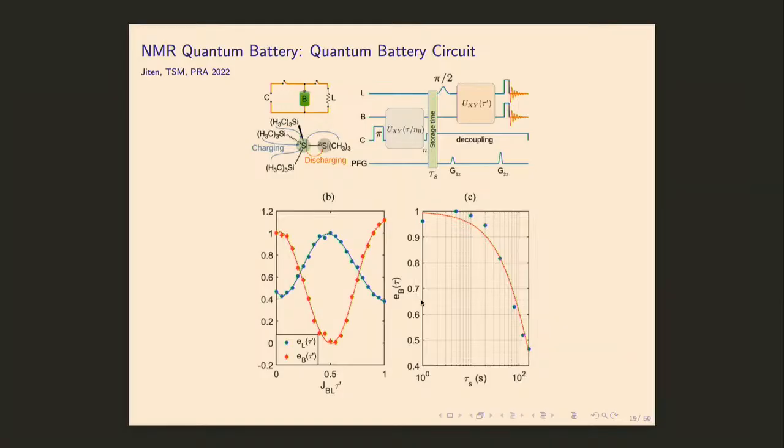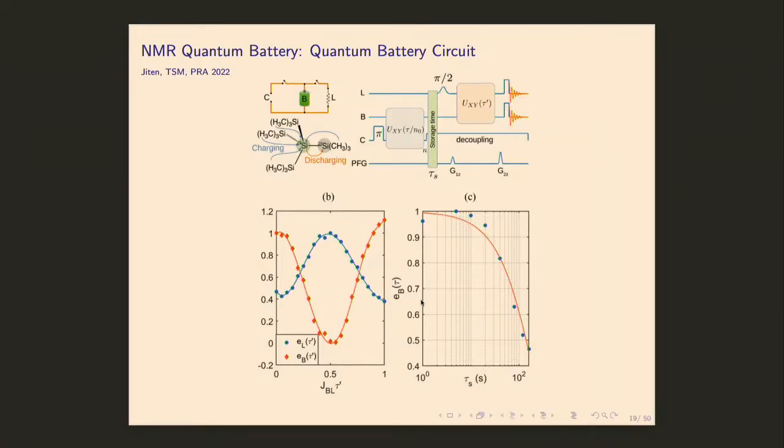That is extracting energy from the battery. Now the energy of the central silicon decreases and the energy of the peripheral silicon increases. So we charge and we extract energy, and now the entire energy is loaded onto the peripheral silicon.